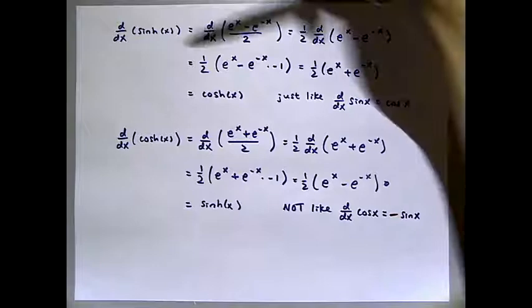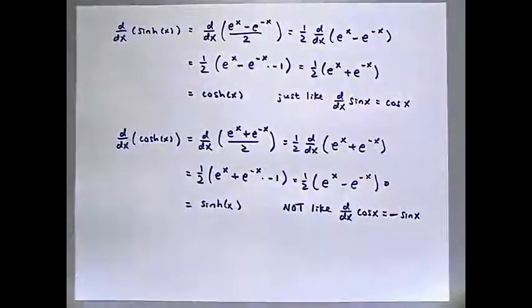The derivative of hyperbolic sine and cosine is always just the other one, never a change in sign. So they behave very much like the circular cosine and sine, but in this one important respect, there is a change. The regular trig functions always have a sign change with the co-functions, not happening here.